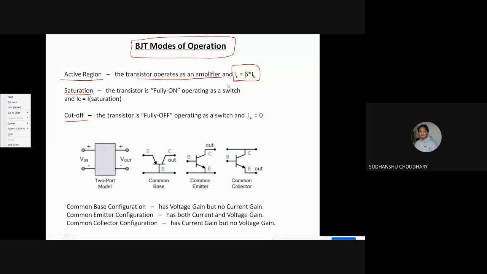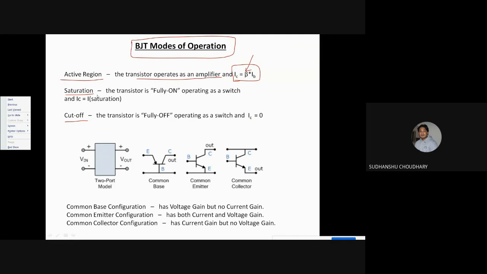That is, collector current is equal to an amplification factor beta multiplied by the base current. The total collector current can be controlled by the base current. That means a small base current can result in a large collector current in a BJT if this amplification factor beta is large. We'll talk about what beta is when we understand the device physics.